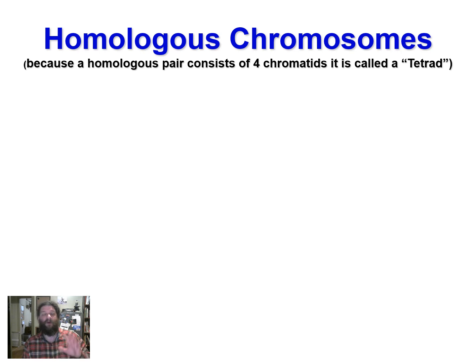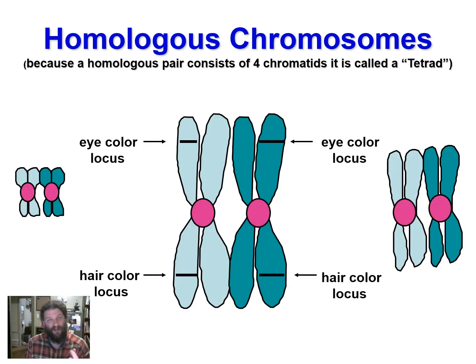Here, what do I mean? So when we start looking at homologous pairs of chromosomes, up here is one location, and here is a gene that codes for eye color. Maybe this one comes from dad and codes for blue eyes. If this is dad's, over here on mom's chromosome, mom's contribution to the homologous pair of chromosomes, at the same locus, I'm also going to find a gene for eye color. But it might not be the same gene.